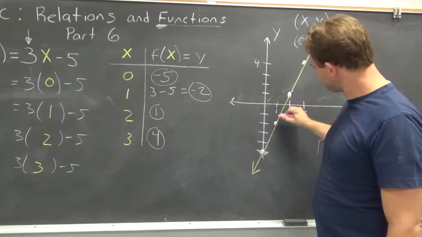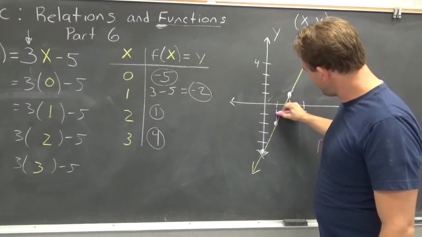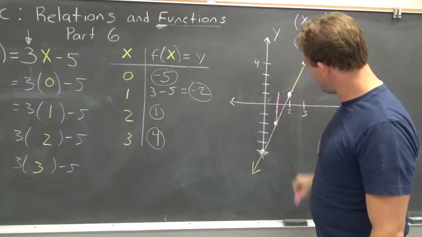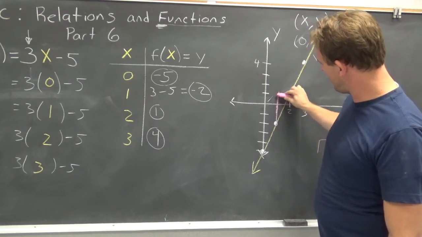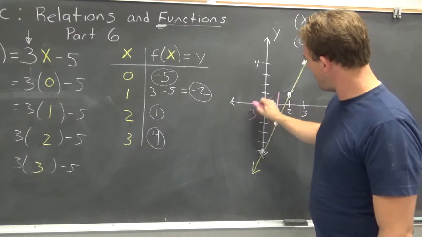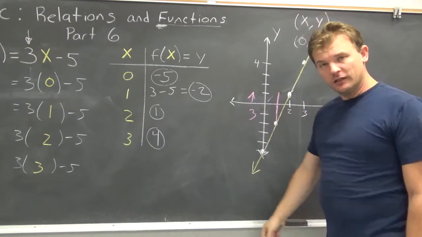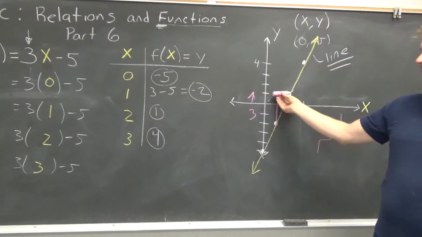How many get to this point? 1, 2, 3. So I went up 3. Now remember, run.